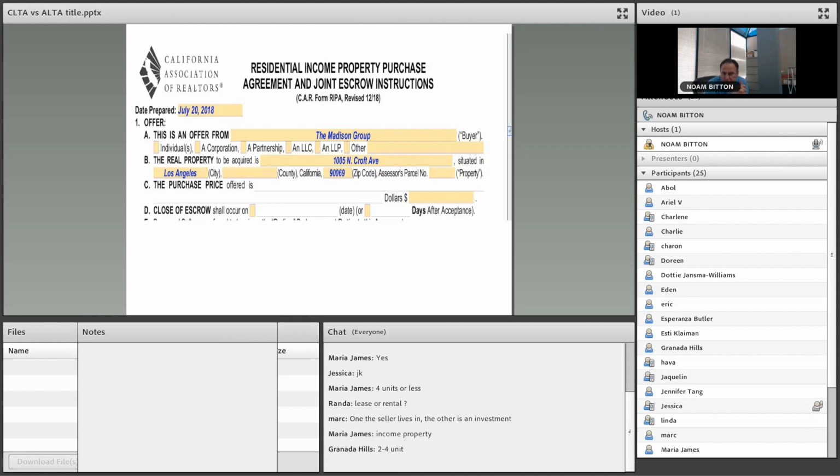Okay, it's good that I asked this question this morning. 2 or 4 properties. Granada, what does it mean, 2 or 4 properties? For which one? Okay, Ariel start writing, Jen is typing.